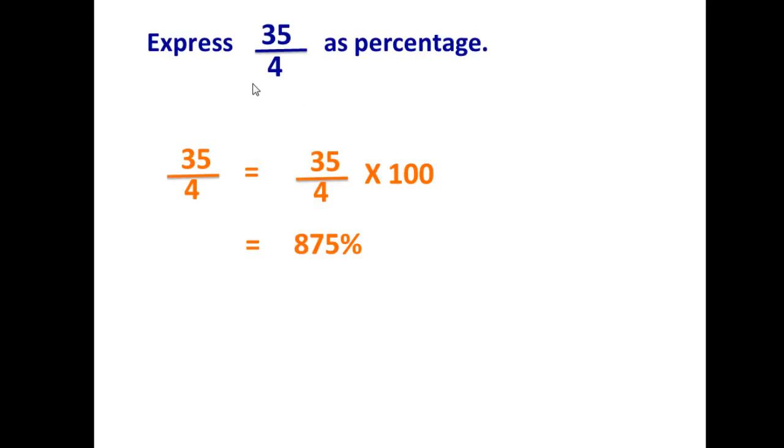Moving on to another. Express 17.77 as a percentage. Again we need the percentage symbol. So first, what is the rule? Multiply by 100. But before that, wait. Here there is a decimal, 17.77. The previous example was a fraction, that is, we were given 35 over 4.